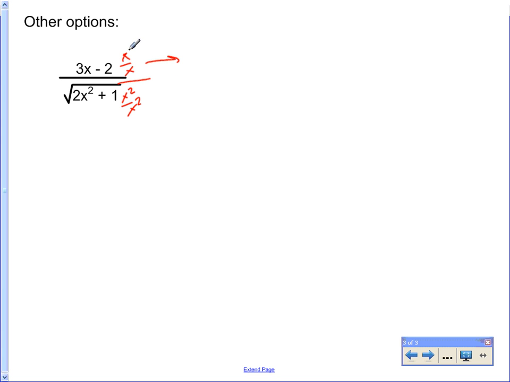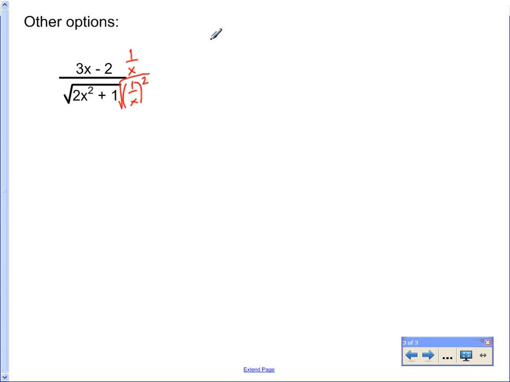Actually, sorry, I misspoke. We're going to want to multiply the top and bottom by 1 over x. Now, in order to multiply the bottom by 1 over x and get it inside the square root, I'm actually going to have to square it. So I'm kind of multiplying by the square root of 1 over x squared.